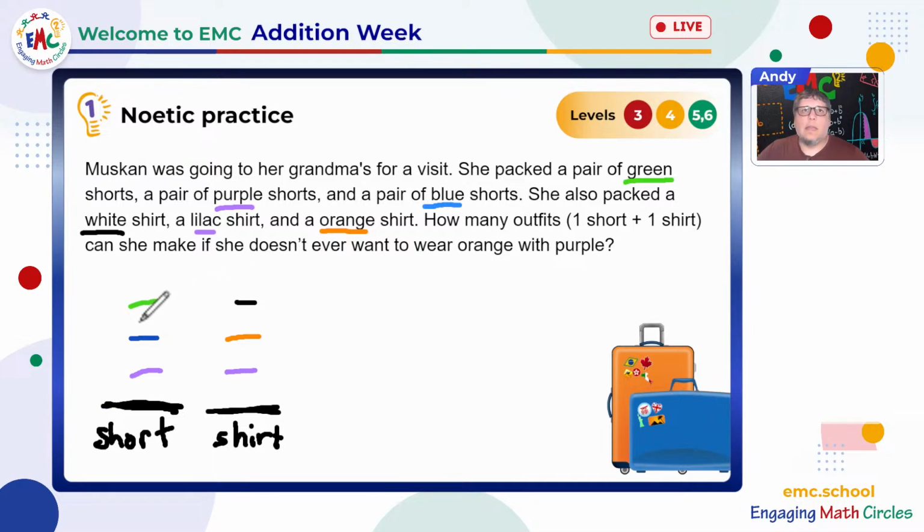How many choices do I have for the short? I have 3 choices. How many choices do I have for shirts? I have 3 choices again. And these are independent events, so we can multiply them. Independent just means that what I chose for the short doesn't affect what I choose for the shirt. They're equally likely outcomes.